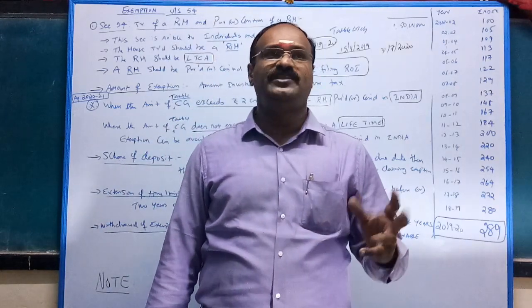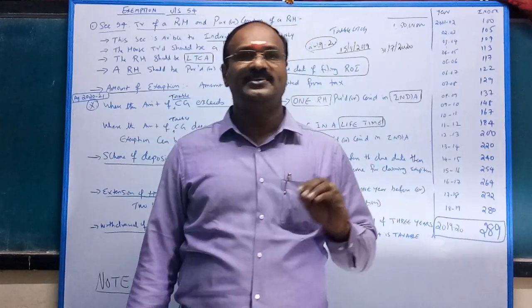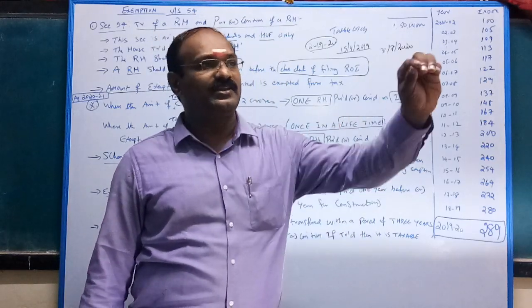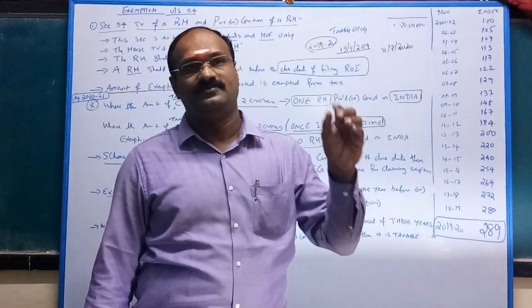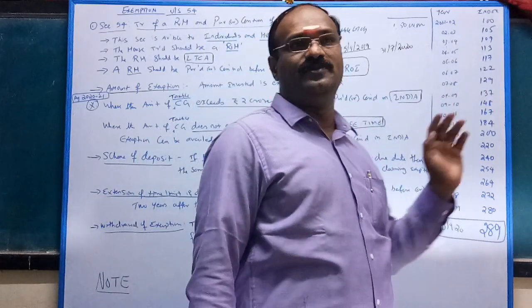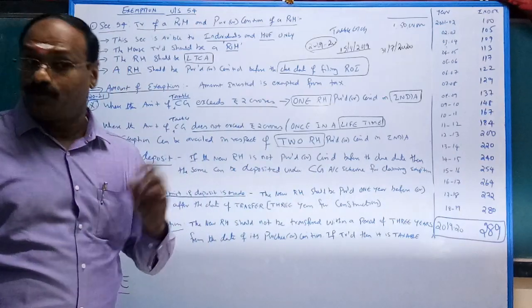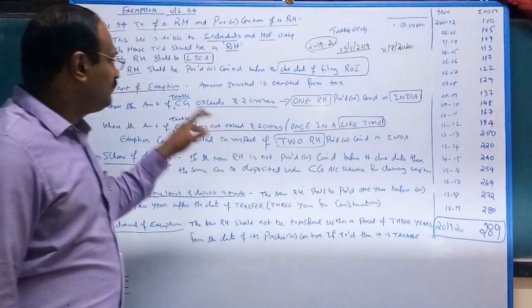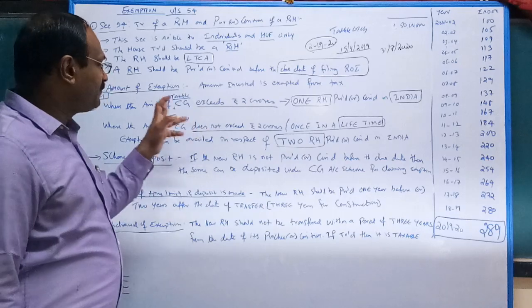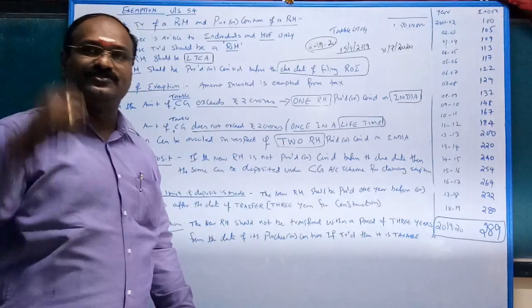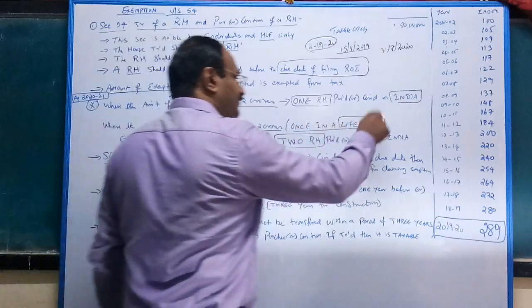See, in order to promote real estate, nowadays the real estate business is very dull. There are small contractors and small construction builders. So in order to promote their business, if your taxable capital gain is less than 2 crores, then you can purchase 2 residential houses. So what is once in a lifetime?